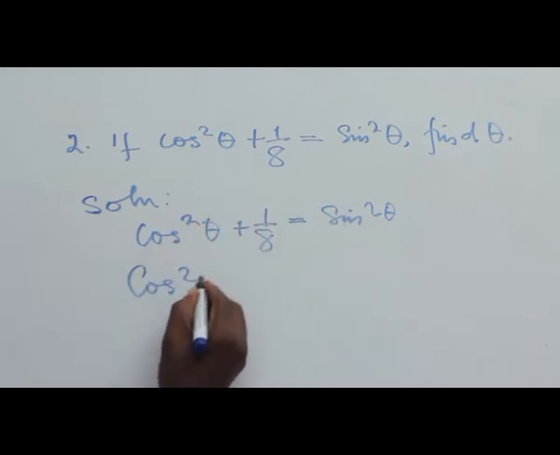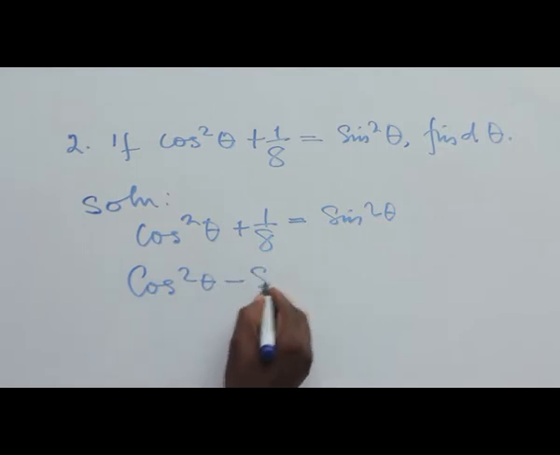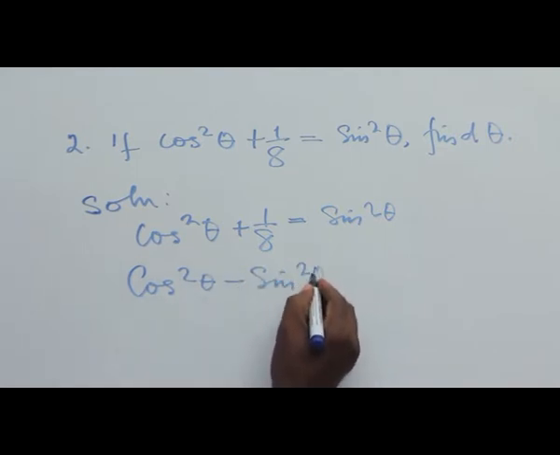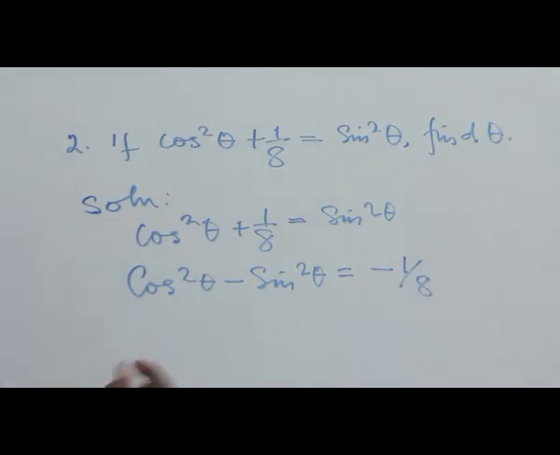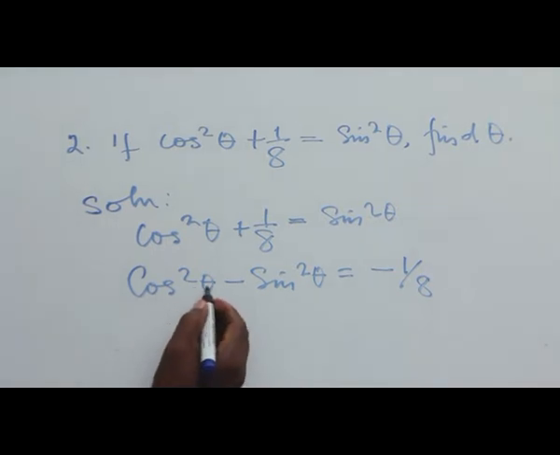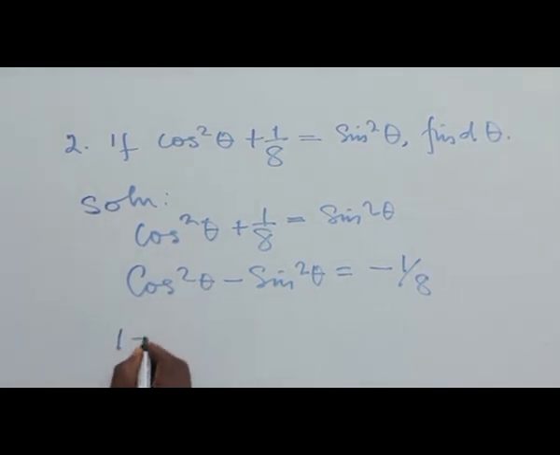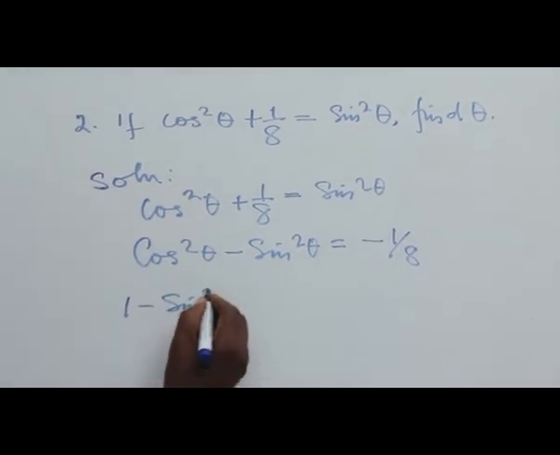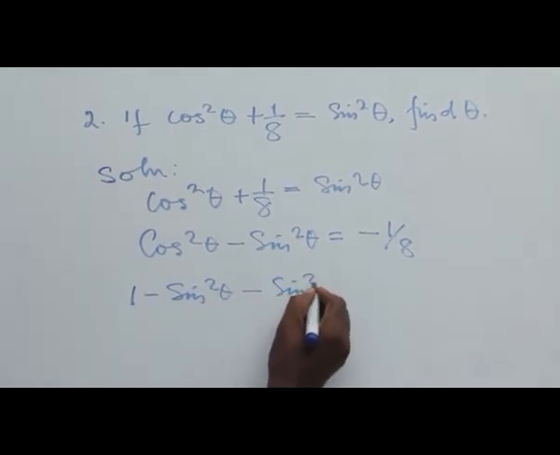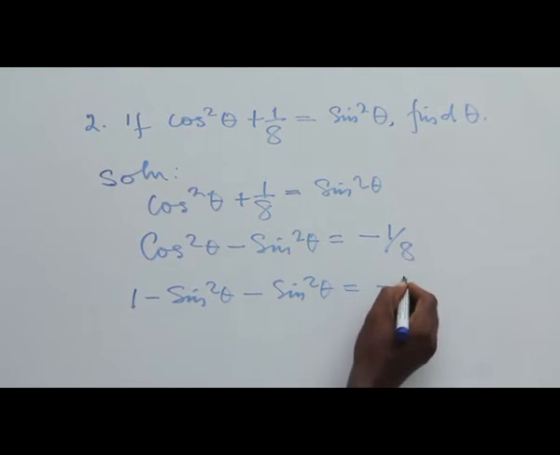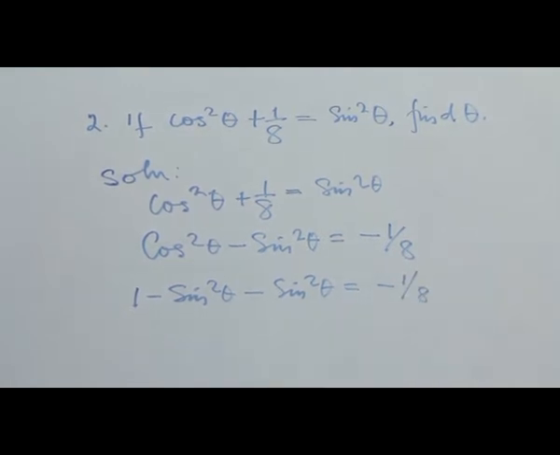So we have cos square theta minus sin square theta is equal to minus 1 all over 8. Now you will recall from the identities that cos square theta is the same as 1 minus sin square theta. Okay, then minus sin square theta. Everything here is equal to minus 1 all over 8.